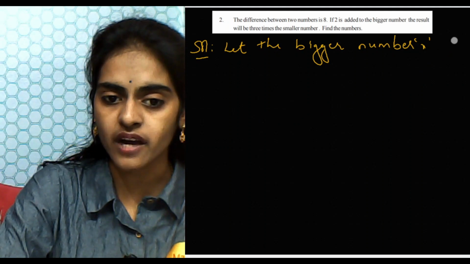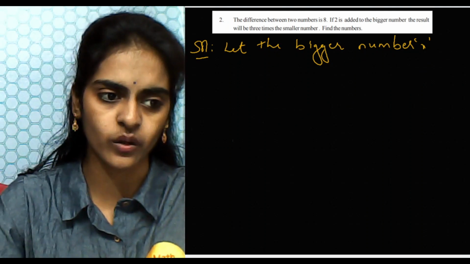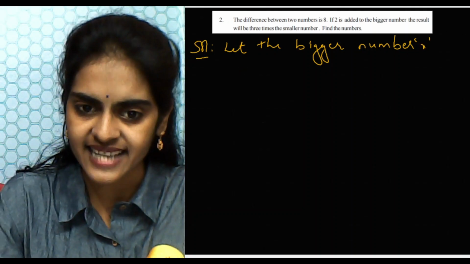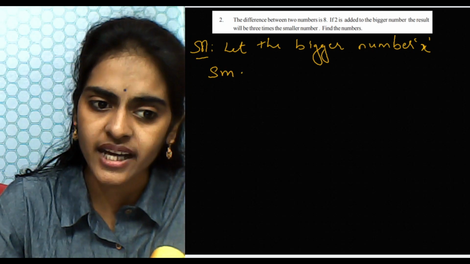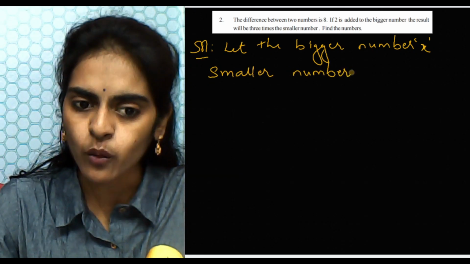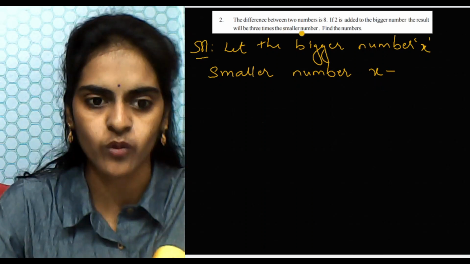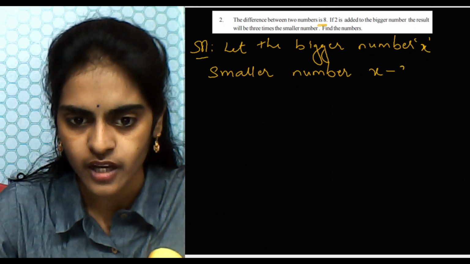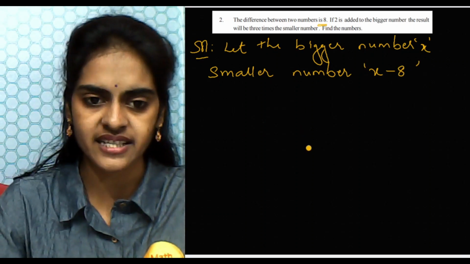The smaller number is nothing but, as I just told you, you take the bigger number and subtract the difference from it. The difference is 8. So the smaller number is x minus 8. Understood from the example I just gave you?